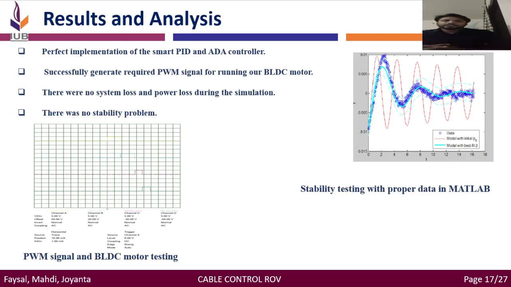When we analyzed our results in the field and in simulation, we didn't find any kind of system loss or power loss during the simulation or the field testing, and there was no stability problem for the motors. Each of these details and diagrams are given in the slides.